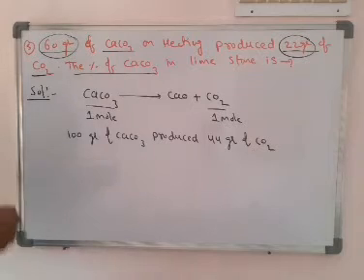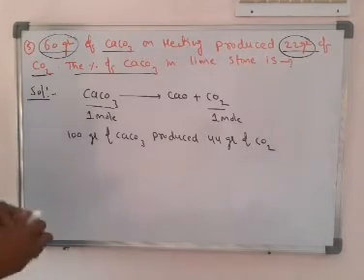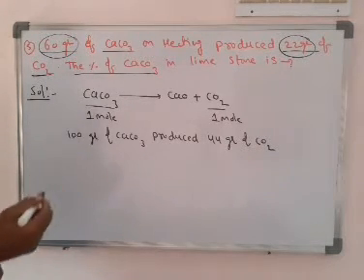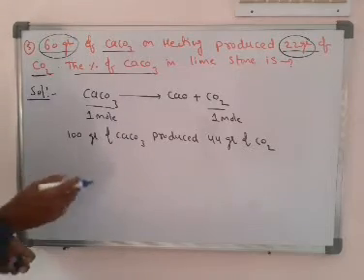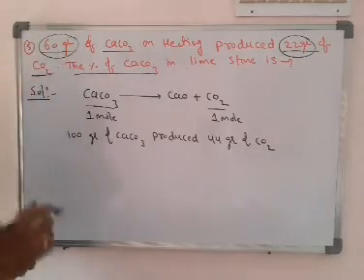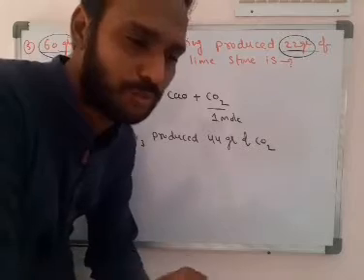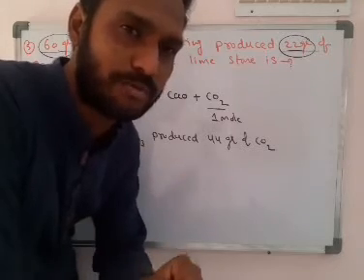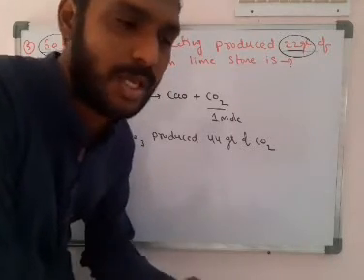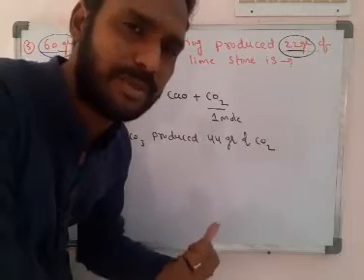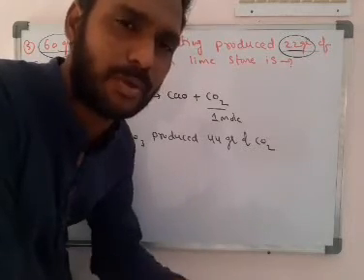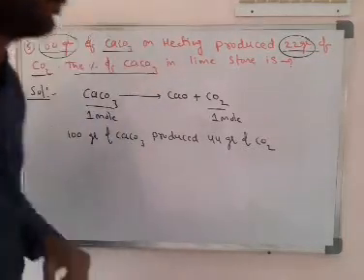But here the clue is given. How much carbon dioxide is produced? 22 grams. How much calcium carbonate is taken? 60 grams. For doing the problem, we know that to check the purity we always have to take the product. Okay, because in the reactant there may be impurity, but in the formed product no impurities are present.